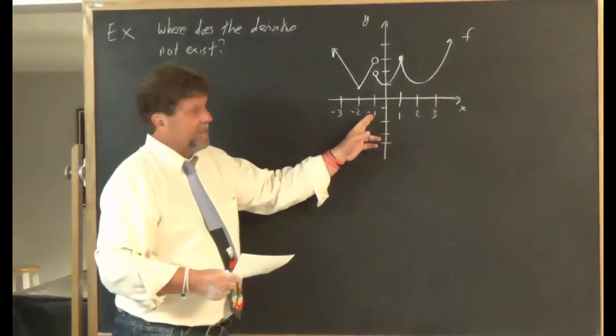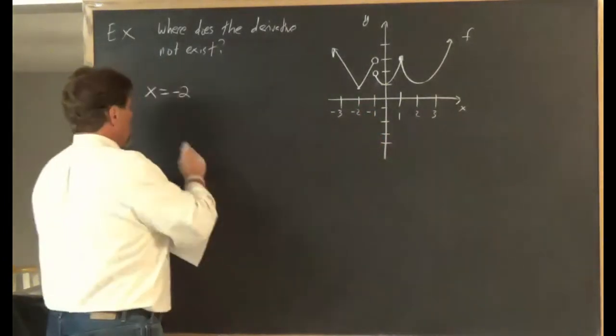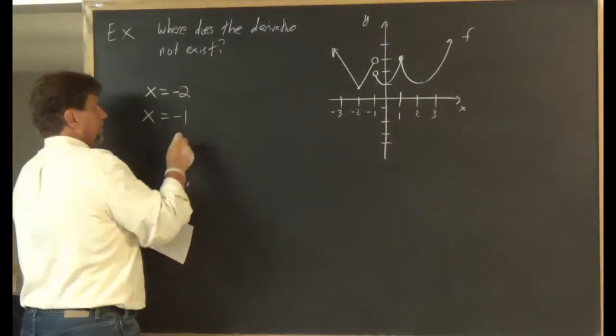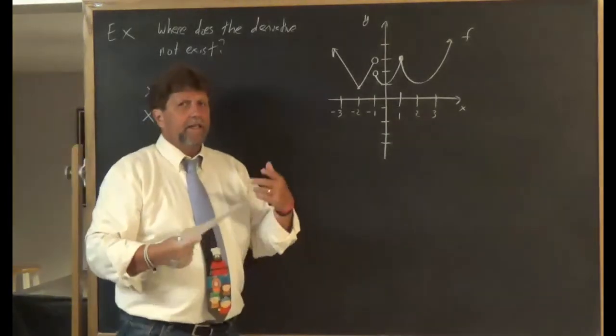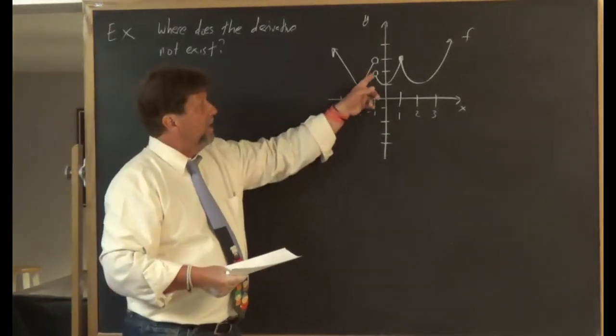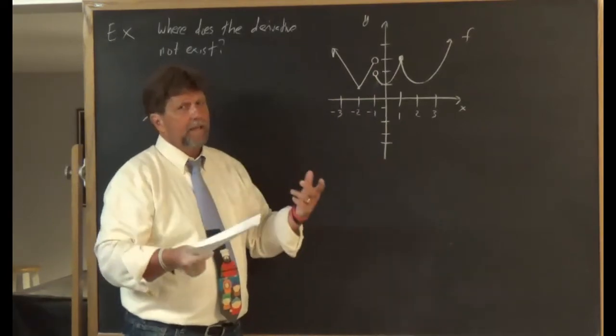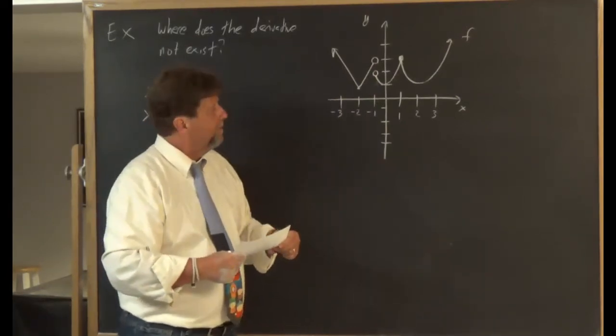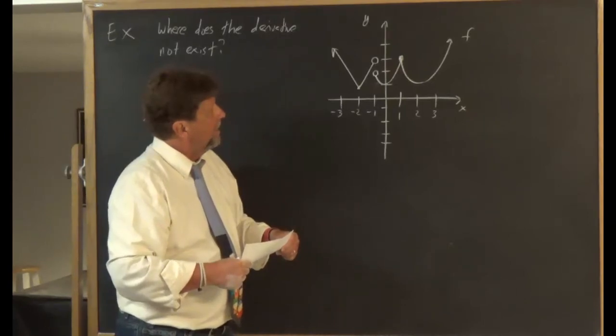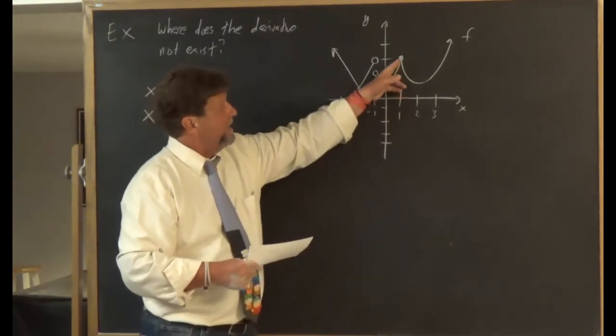The derivative does not exist at -1. The reason it doesn't exist at -1 is that the function is not continuous there. Not continuous, no derivative. Oh, it looks like x equals 1.